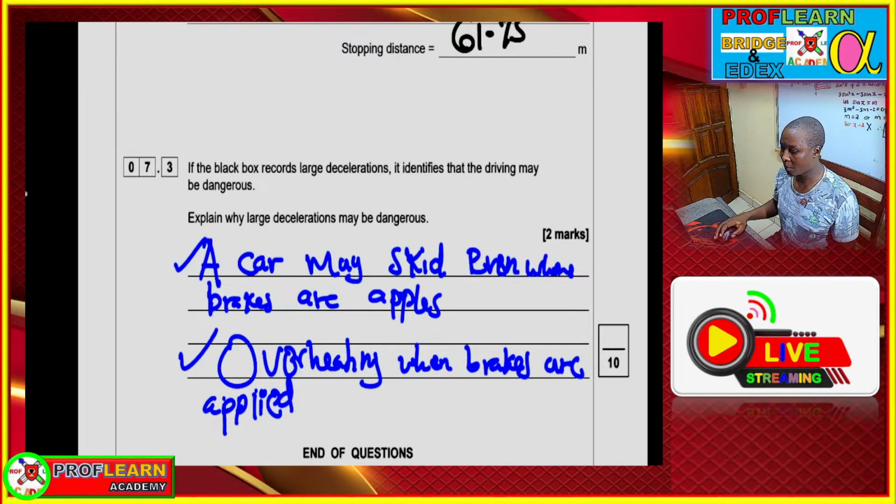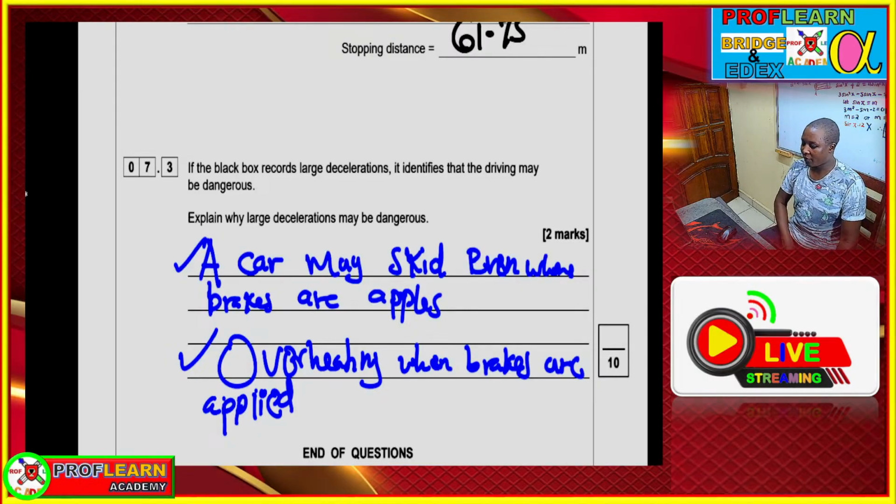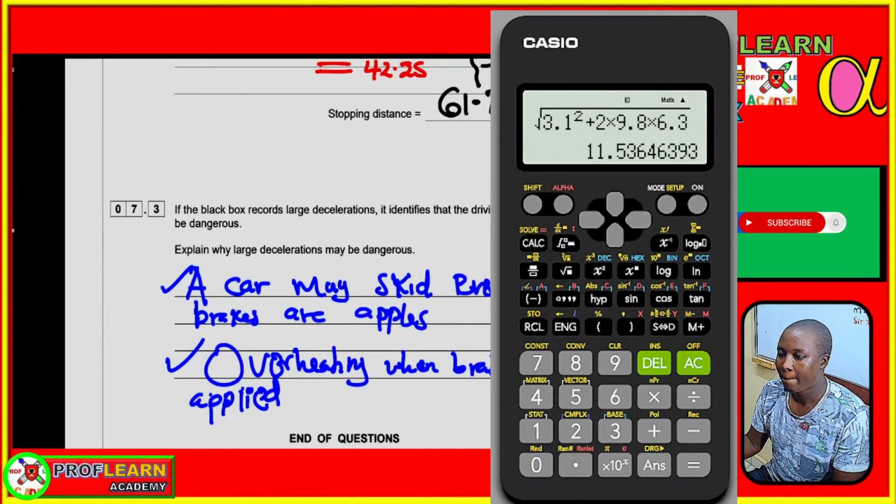And if you are new to the ProfLearn YouTube channel, yeah, Fire Legend, I'm still a bit confused. Fire Legend, which area are you confused? Let me get to know which area you are confused. This is AQA physics paper 2H.